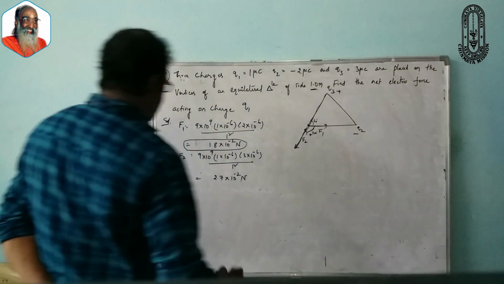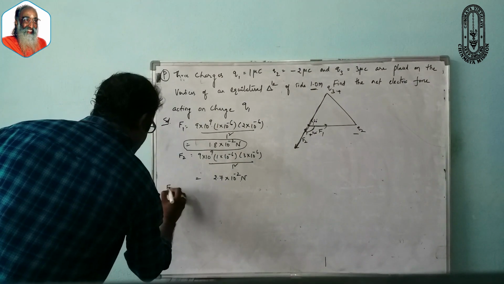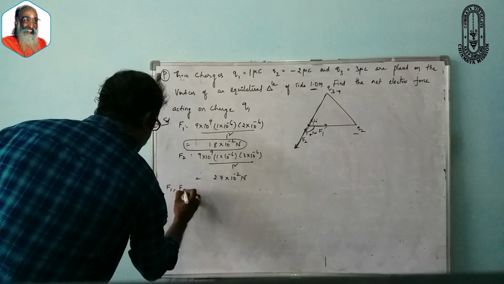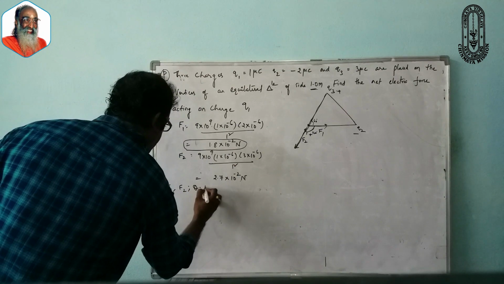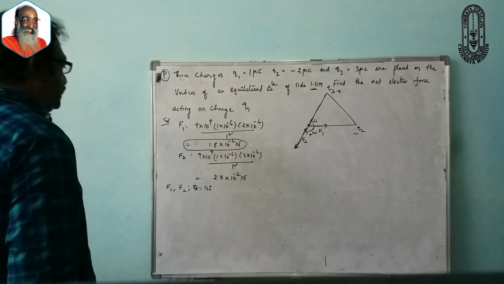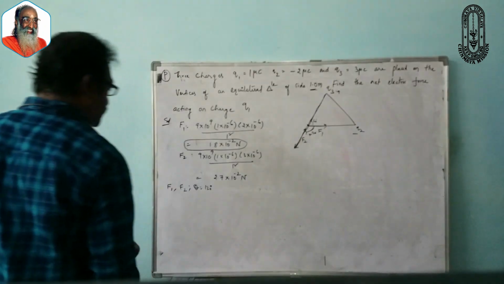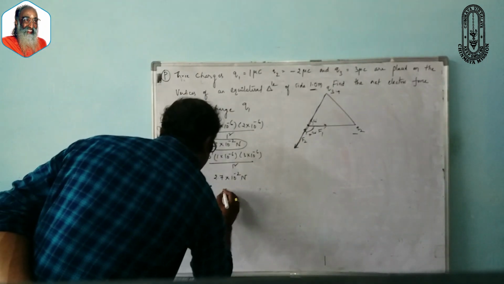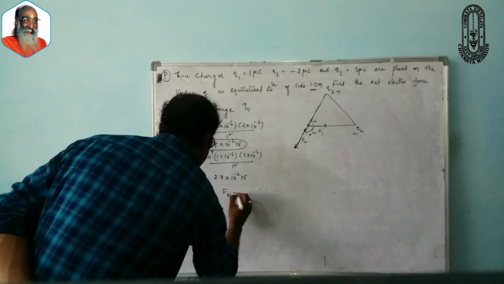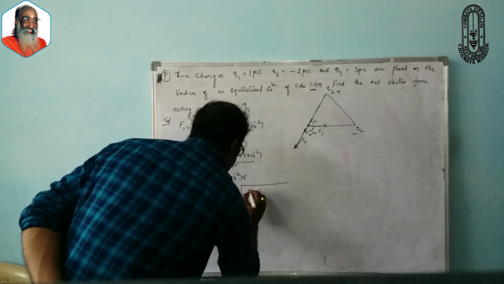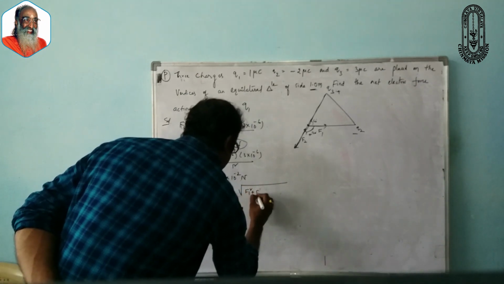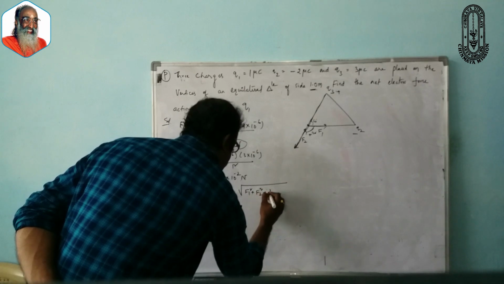So we are having F1, F2, and the angle between them is 120. So what is the resultant? Already you know the formula, you have learned it in your 11th class. So F net is square root of F1 square plus F2 square plus 2 F1 F2 cos theta.